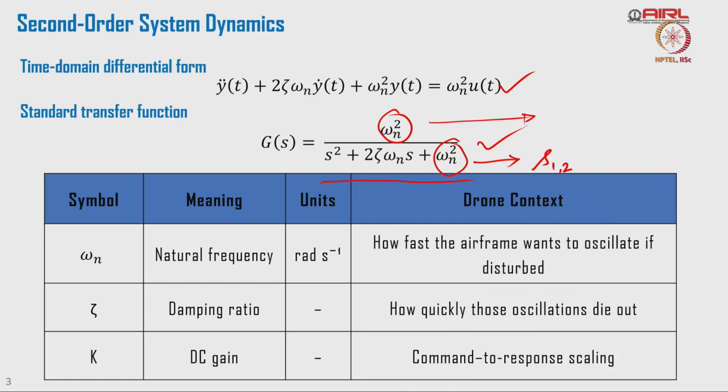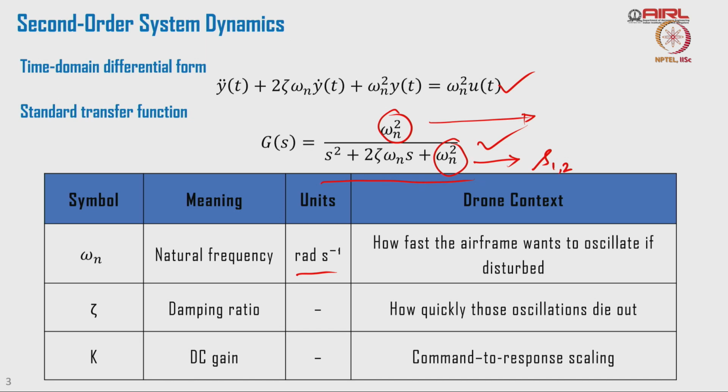Now, we have seen that omega n is called the natural frequency. This is the unit, and it tells how fast the airframe or drone wants to oscillate if disturbed. So, omega n controls the speed, in different language. Zeta is the damping ratio. It relates to the oscillations.